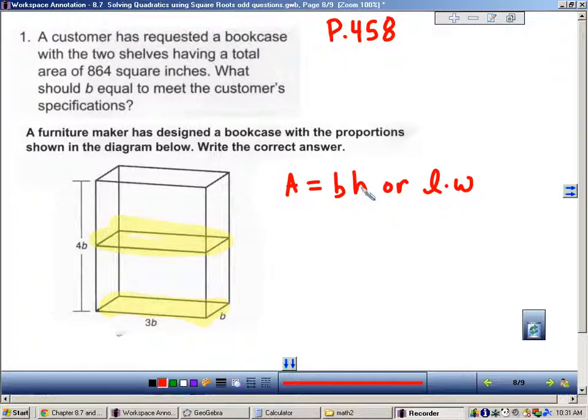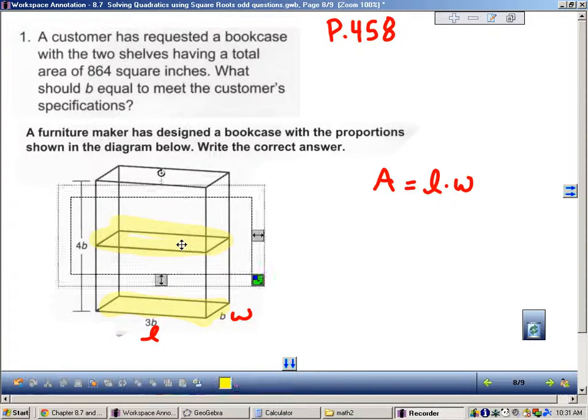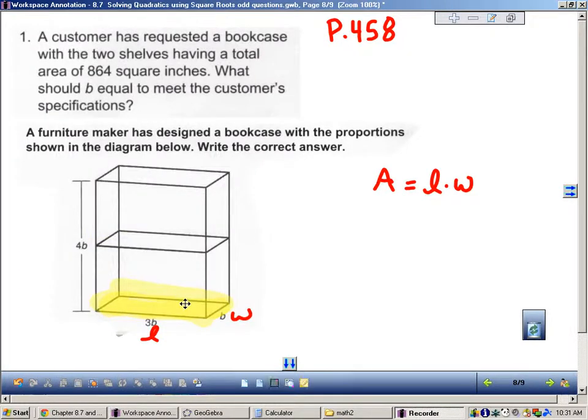So, we'll remove that and use length and width. And so, I can see that my length is 3B and my width is B. And it's the same for the middle shelf and the bottom shelf. They're identical shelves.